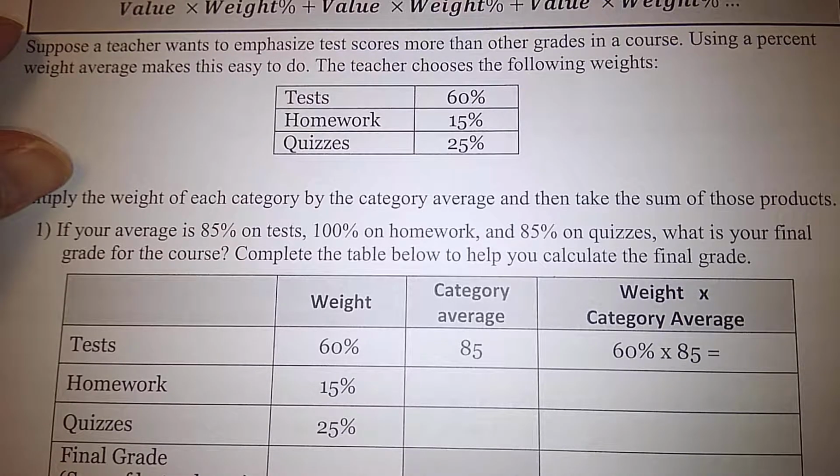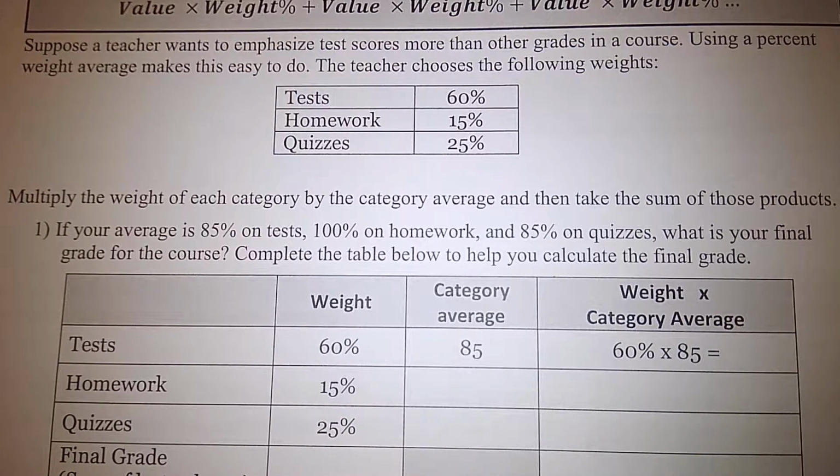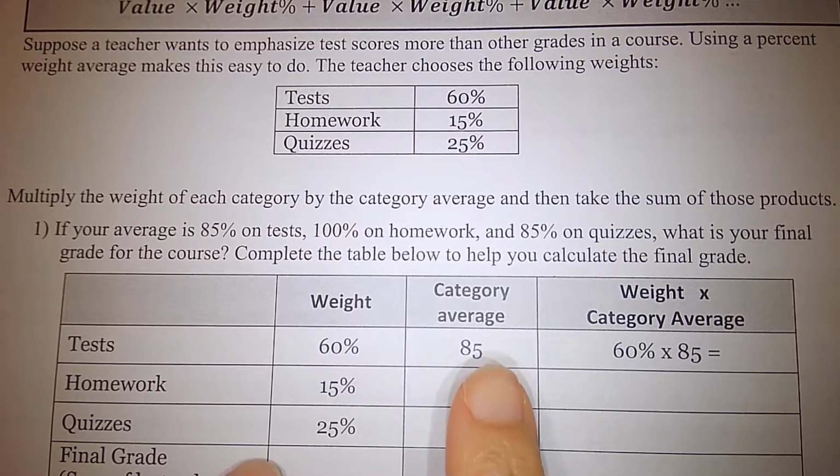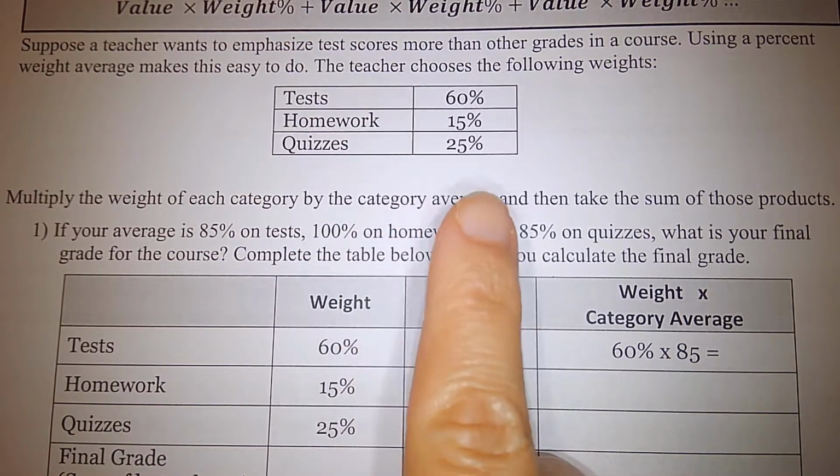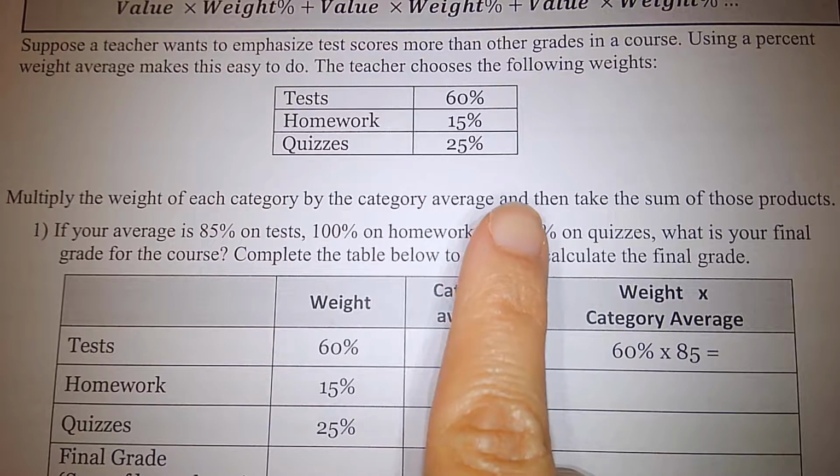Suppose the teacher wants to emphasize test scores more than other grades in a course. Using a percent weight average makes it easy to do. The teacher chooses the following weights: tests 60%, homework 15%, quizzes 25%.